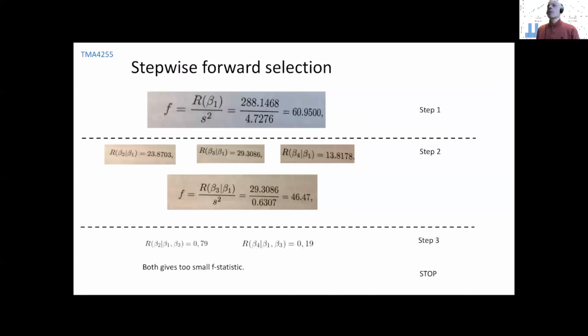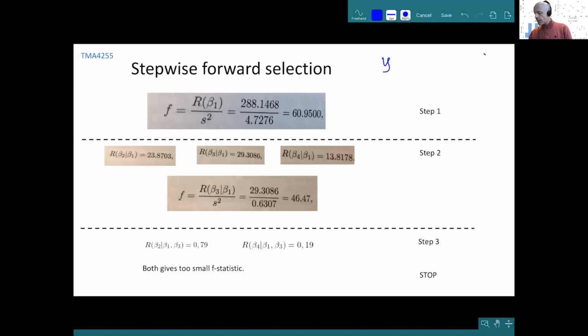So in a sense here, the model that comes out is something like yi = β0 + β1x1 + β3x3 + εi. Because this one selects x1, this one selects x3, and no further. So this model is good. It's predicting well. We don't predict so much better when we add more. But it's not necessarily the best model. And what's best here? That's hard to say.